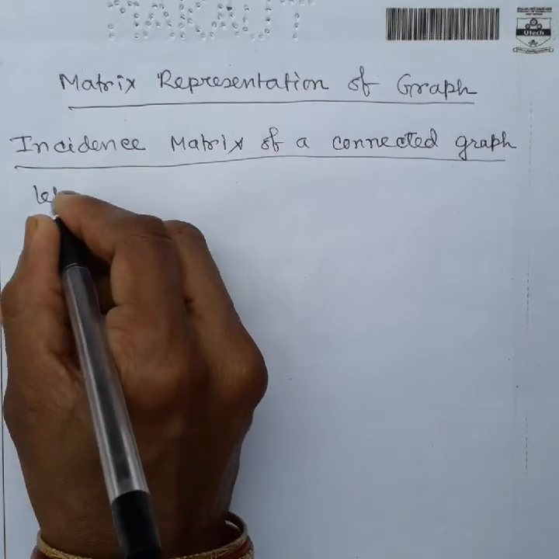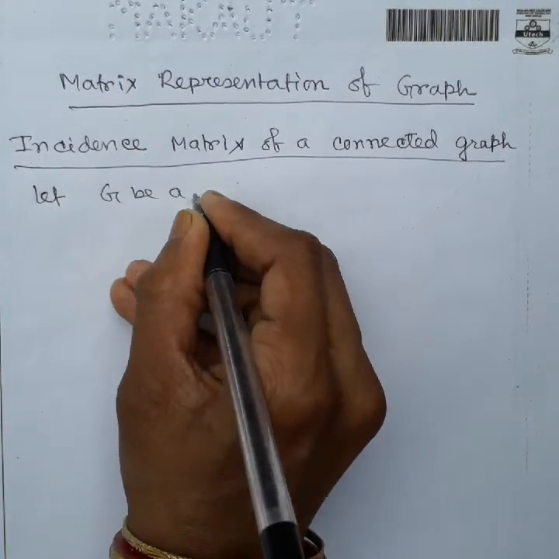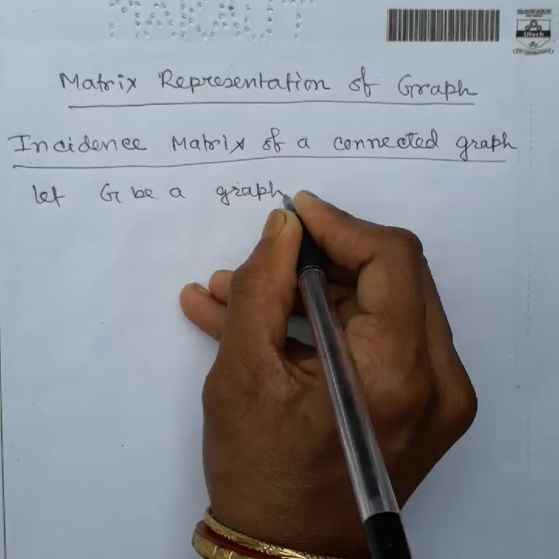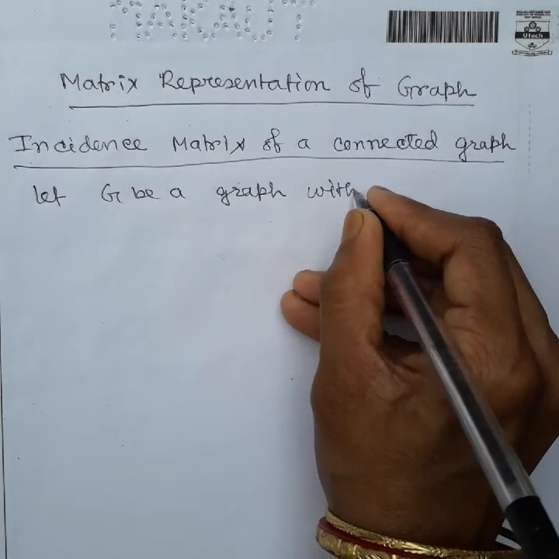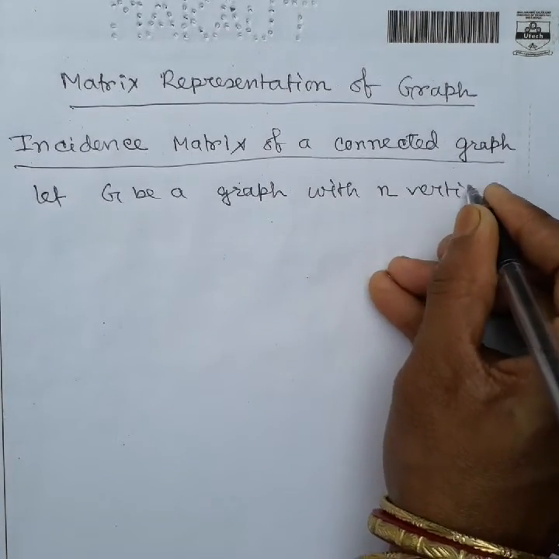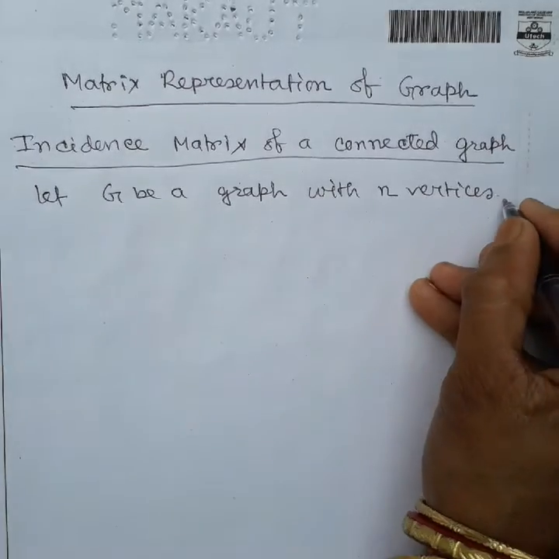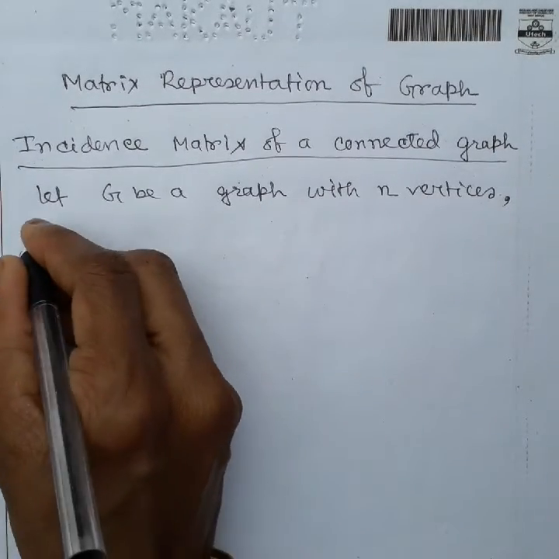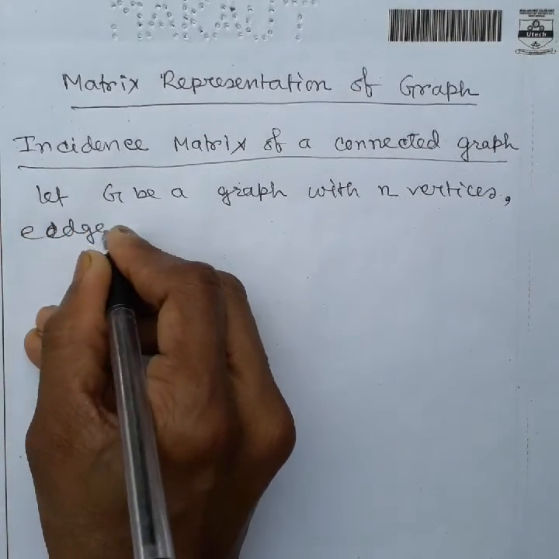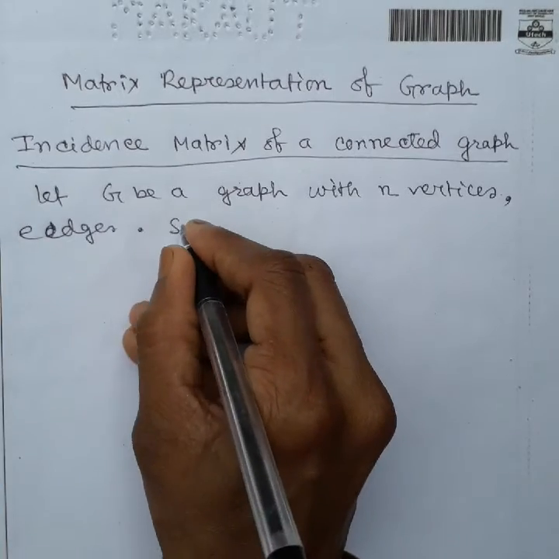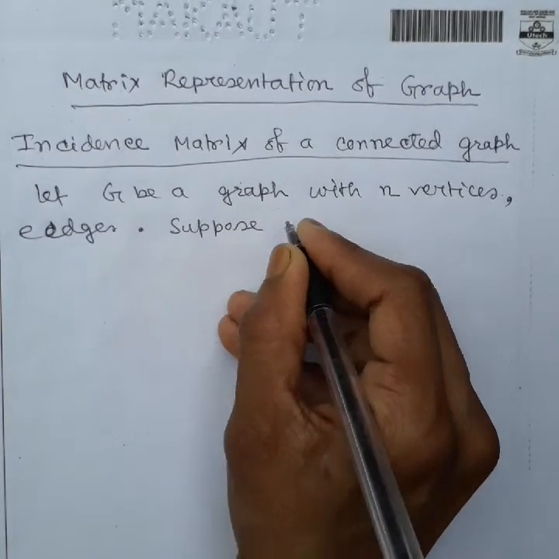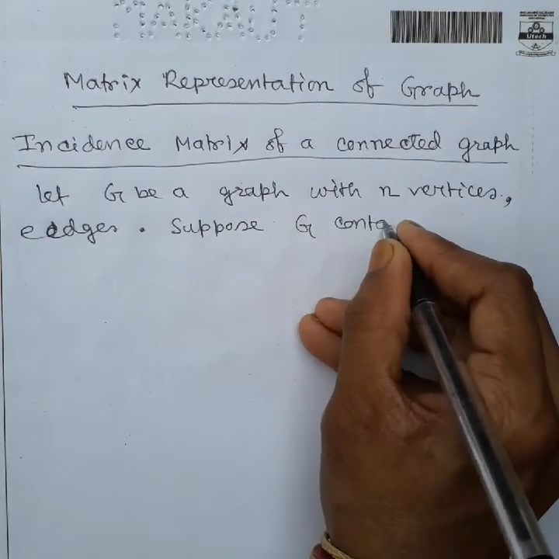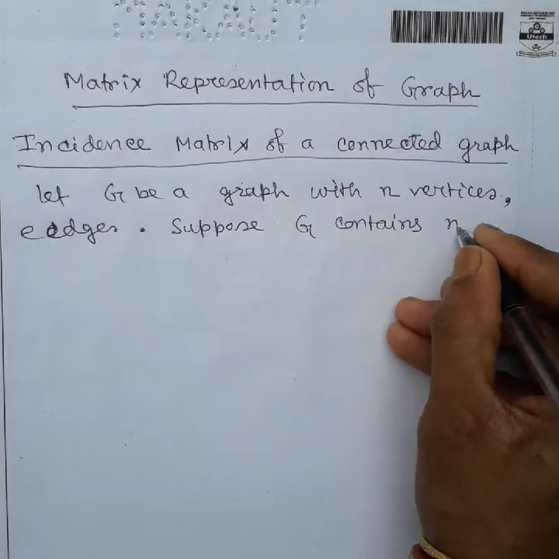Let G be a graph with n vertices and e edges. Suppose G contains no self loop.